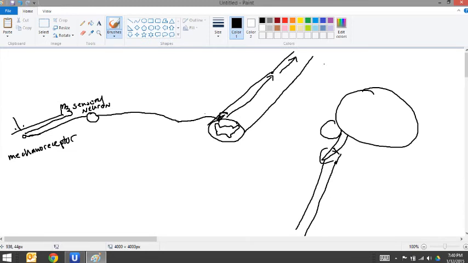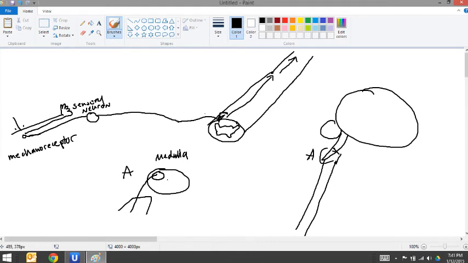So what happens is it travels up the dorsal column pathway, and we're focused right here on A, and it'll get to the medulla here, and it'll go into the dorsal column nuclei.